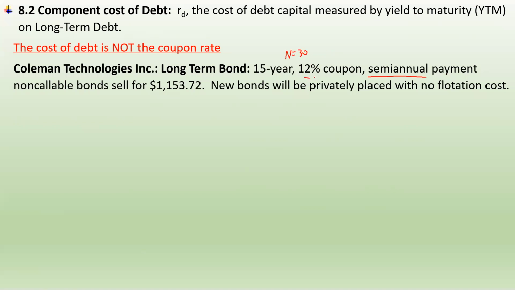And the 12% coupon means the payment equals 12% times 1,000 divided by 2, which is $60. The future value, which is the par value, isn't mentioned here, so we assume it's 1,000. And the present value, remember, is negative because you have to pay the price, then you can receive the coupon payments and principal. The negative sign means it's a cash outflow.